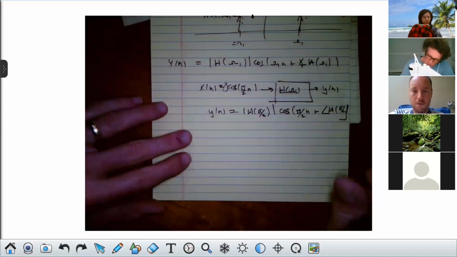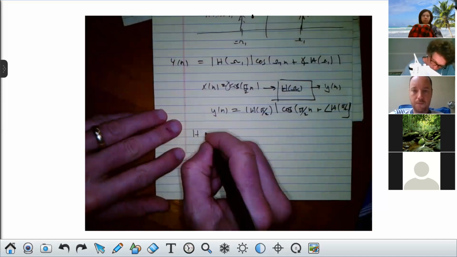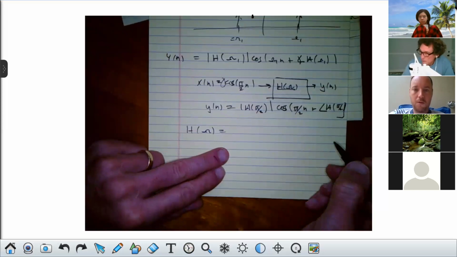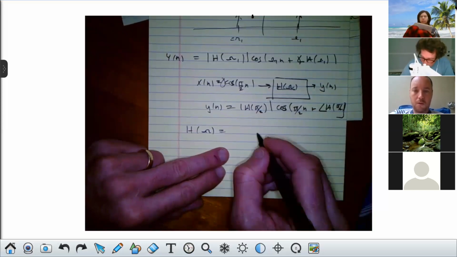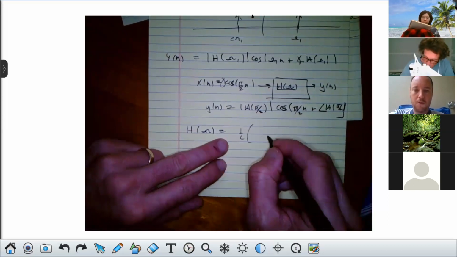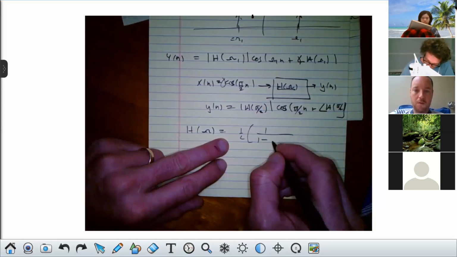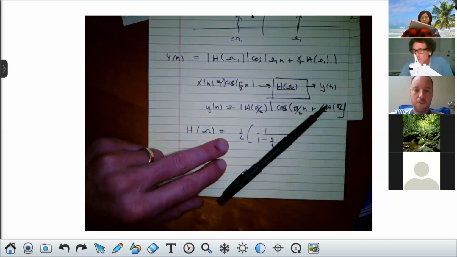So basically, H of omega equals what? Remember, that H was 1/2 times 1 over 1 minus, and the value of a was 3/4, isn't that right? For this one, I believe it was 1/2. All right, it is 1/2.